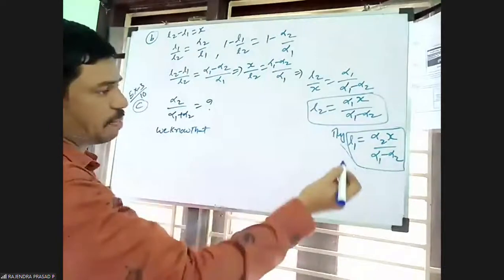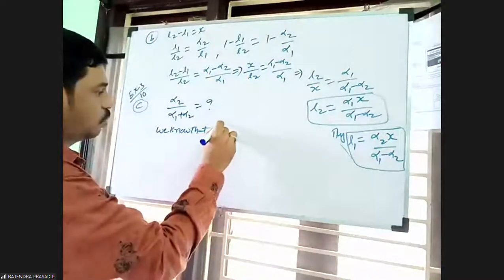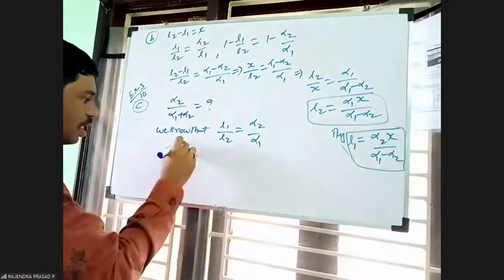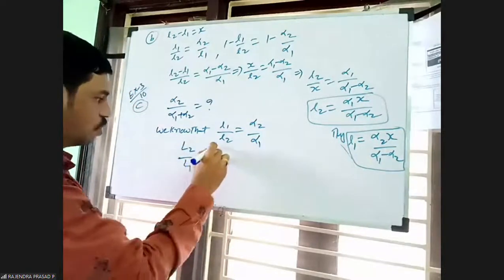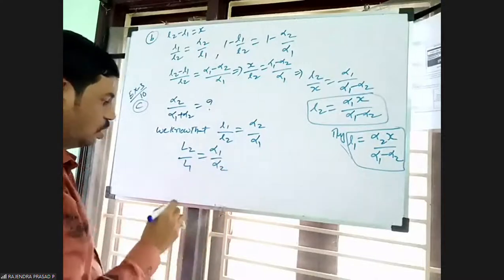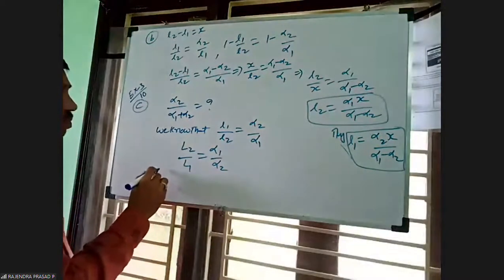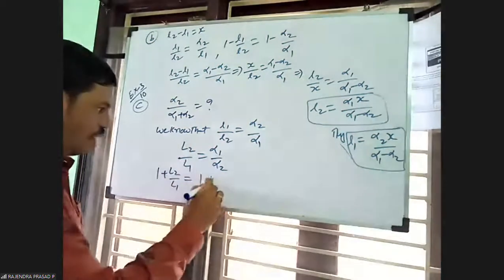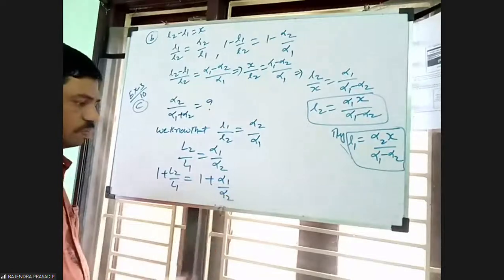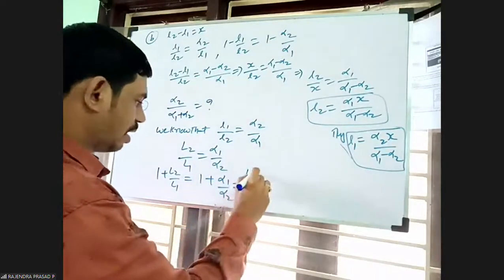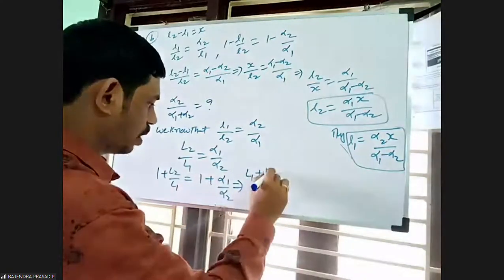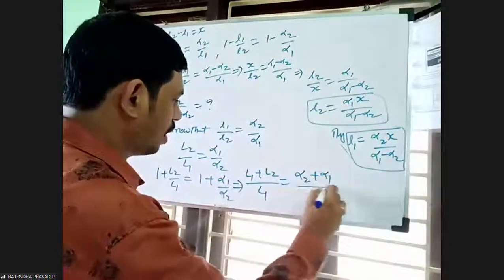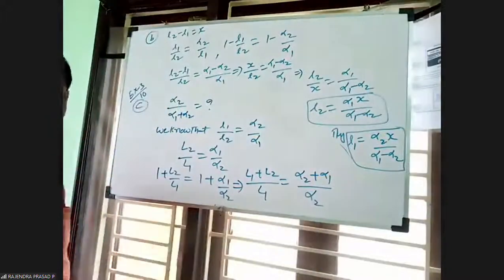So we know that L1 by L2 is equal to alpha 2 by alpha 1, or L2 by L1 equal to alpha 1 by alpha 2. Adding 1 on both sides, 1 plus L2 by L1 is equal to 1 plus alpha 1 by alpha 2. That implies L1 plus L2 by L1 equal to alpha 2 plus alpha 1 by alpha 2. So both are reverse.